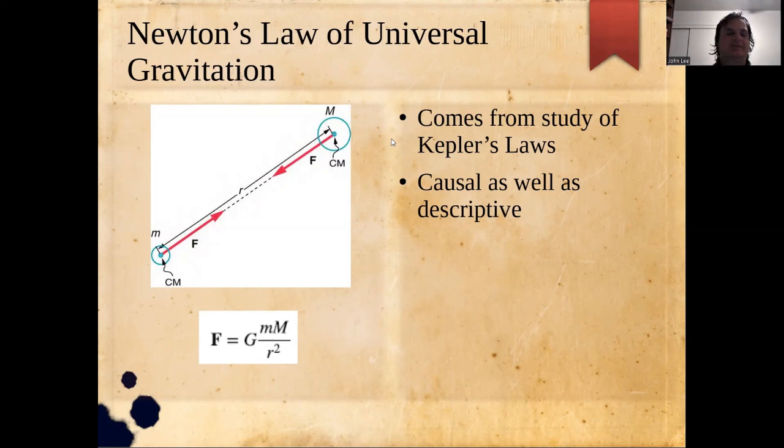So the field is just a description of how much acceleration, or if we want to think about it another way, how much force is going to be caused by a massive object, by the sun or the earth, depending on where you are in space.